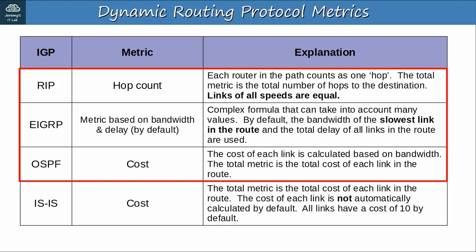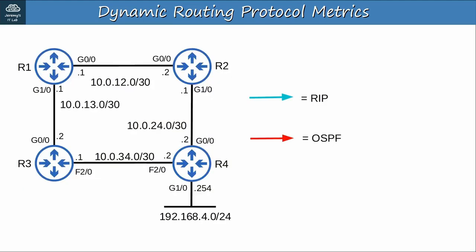To briefly demonstrate how the difference in metrics can affect which routes the router selects, let's look at this diagram again from R1's perspective, deciding which route to 192.168.4.0/24 to select for its route table. If it uses RIP, the metric is hop count. Via R2, the hop count is 2.